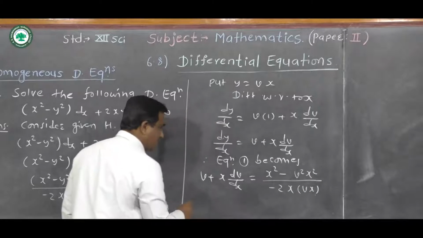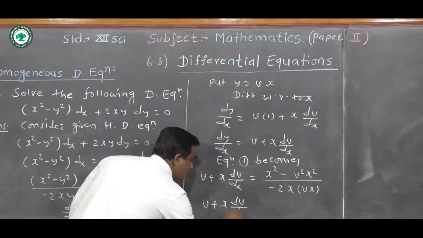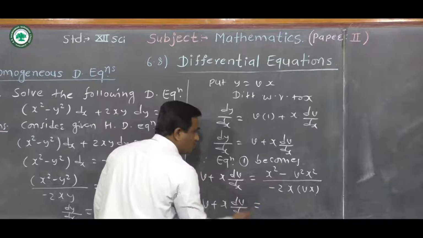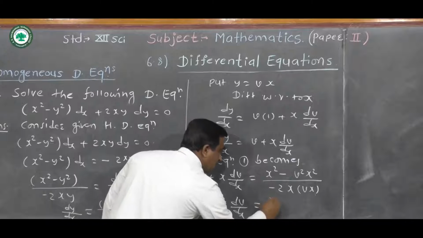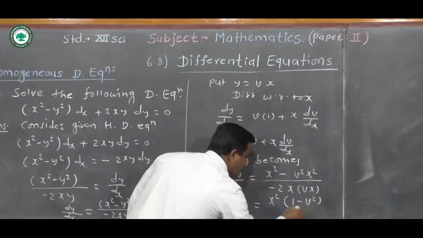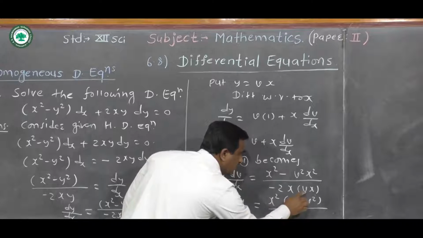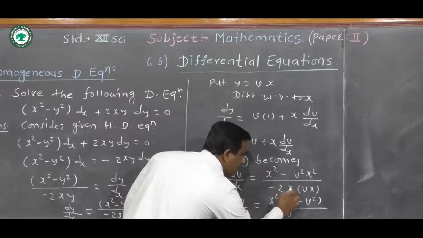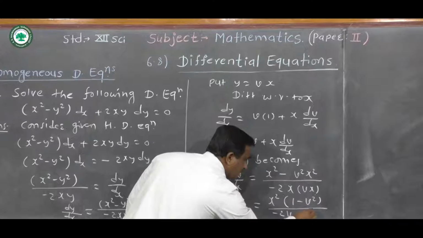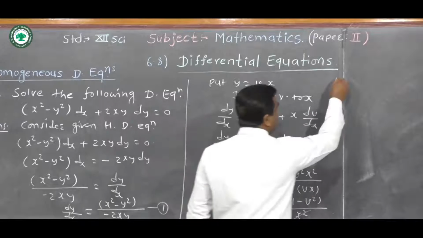That is, v plus x into dv by dx is equal to, we can take x square common, x square into bracket 1 minus v square upon 2v into x square. Now this x square cancels out.